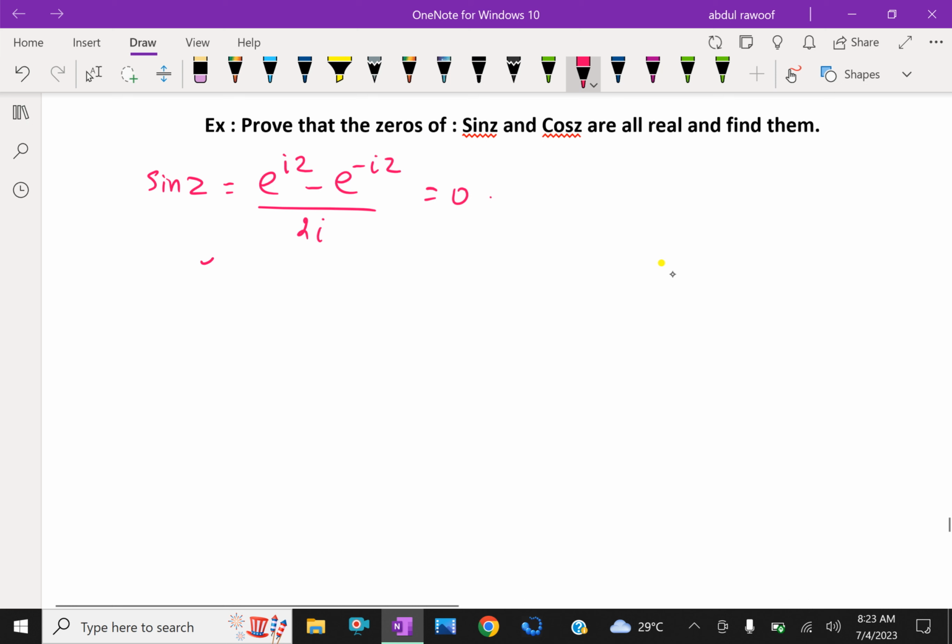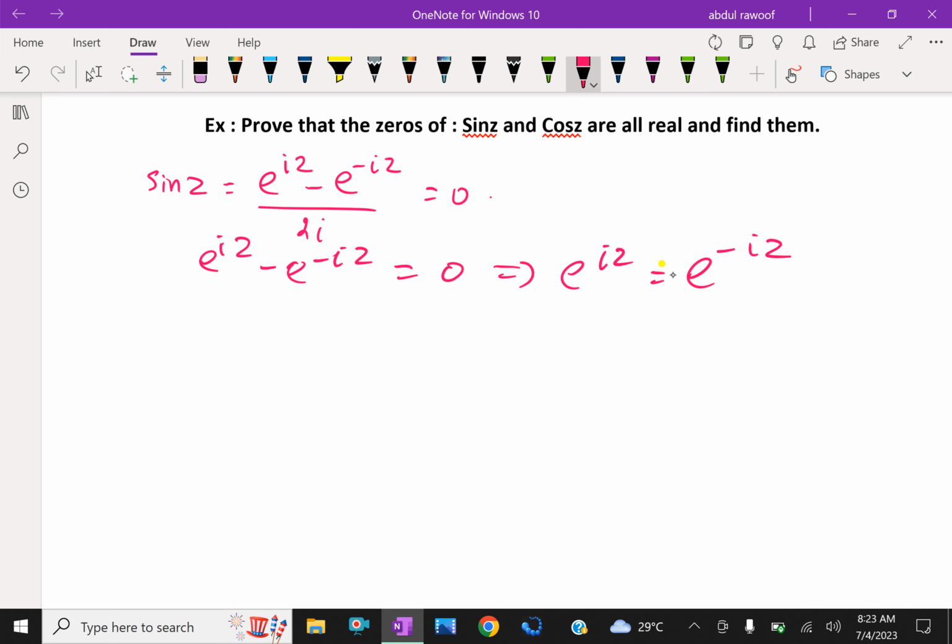By cross multiplying, we get e^(iz) minus e^(-iz) equals 0, since 0 times 2i is 0. From this, we get e^(iz) equals e^(-iz).